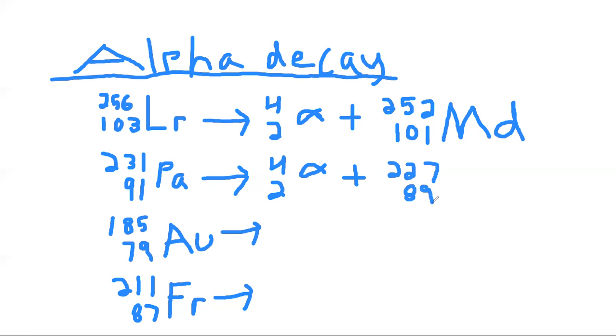And then again, we can just look on the periodic table to see which element has an atomic number of 89. And that would be Ac.